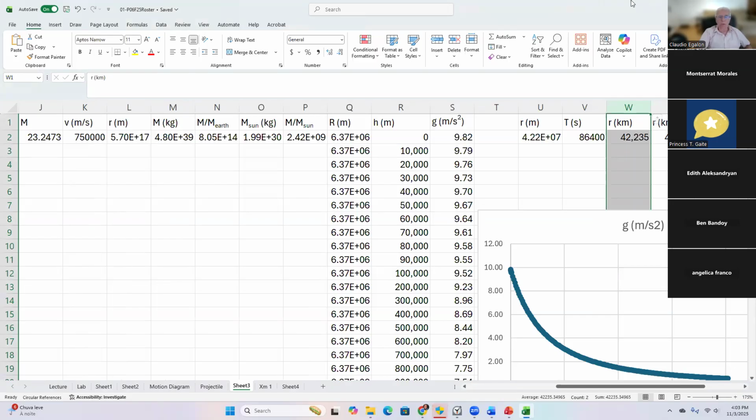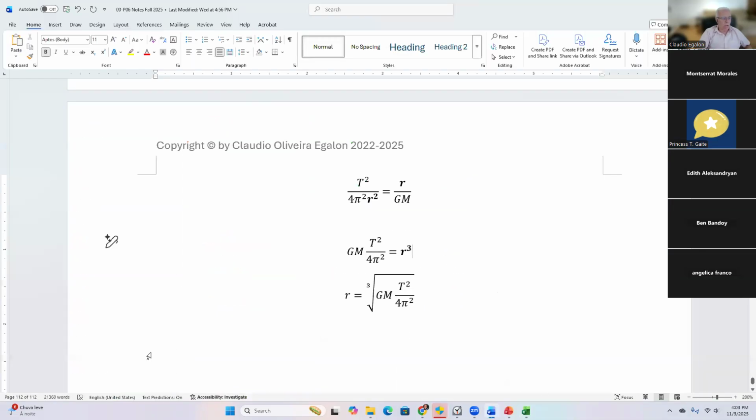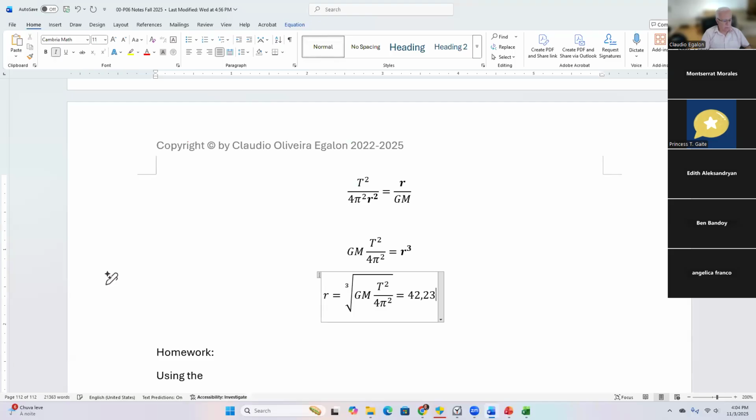And then we can calculate too, using the above number. I'm going to do that. Let's see, homework, right? Using, let me write that down here. 42,235 kilometers from the center of the Earth.